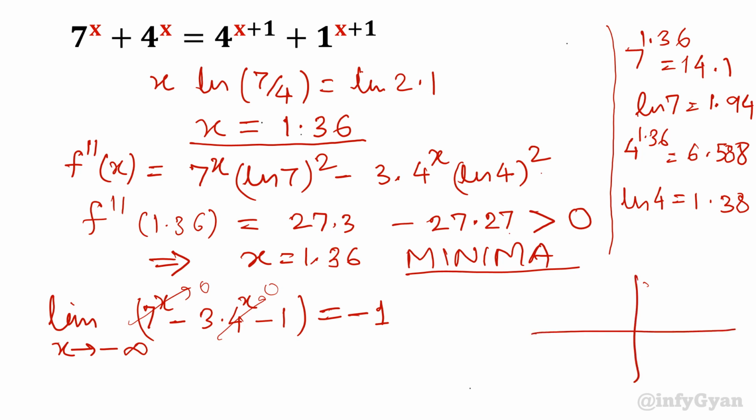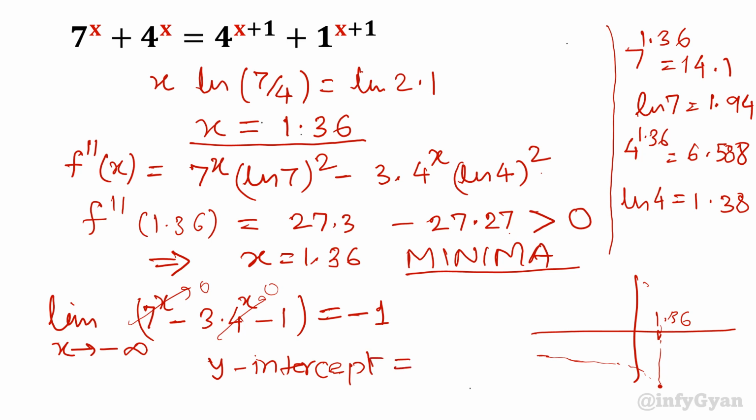If we can draw a rough picture, at 1.36 it is showing minima. Now let's check the y-intercept, where our graph is intersecting the y-axis.